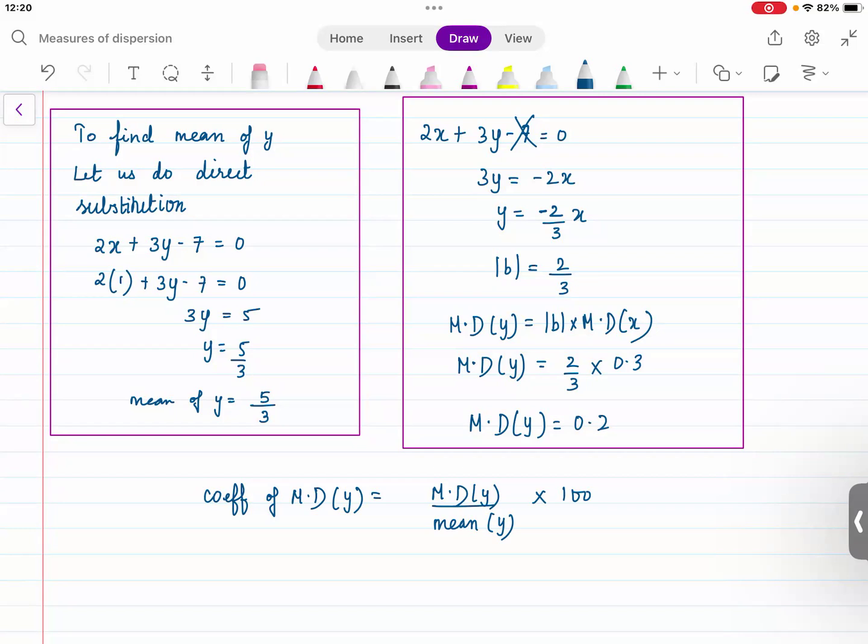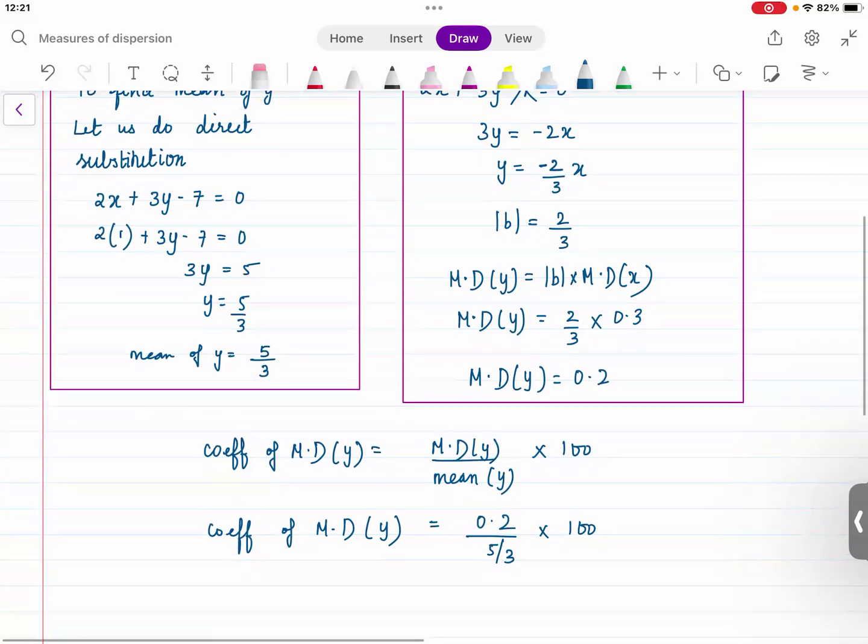Coefficient of mean deviation is mean deviation by mean into 100. So in this question, they're asking us to find coefficient of mean deviation of y, which is equal to mean deviation of y by mean of y into 100. So coefficient of mean deviation of y is equal to mean deviation of y, which is 0.2, divided by mean of y, which is 5 by 3, into 100.